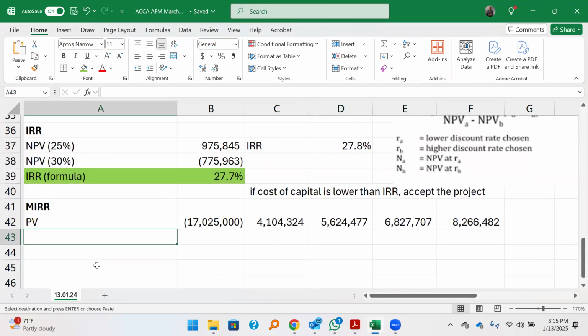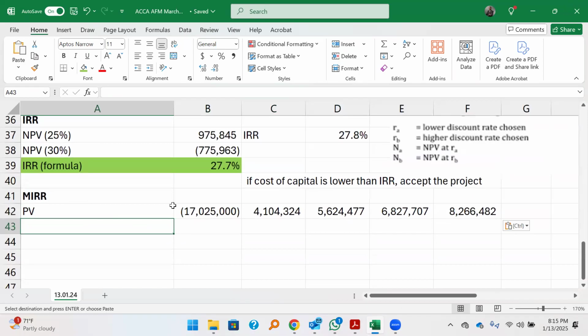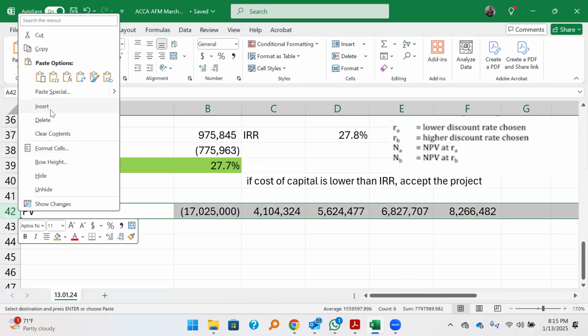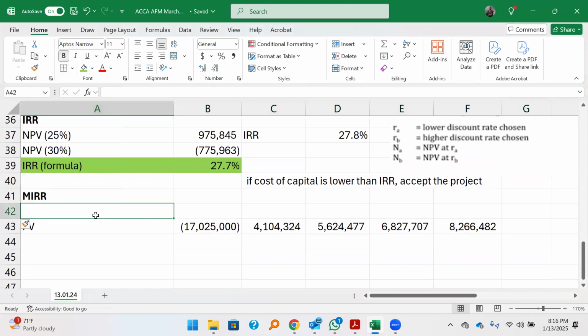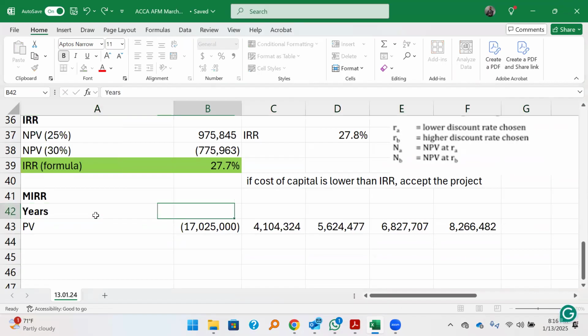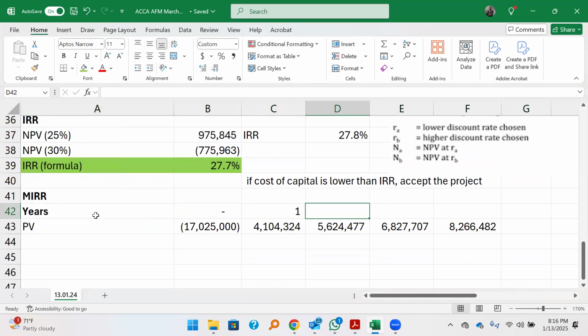Those are our present values, and I can put in the years just to know that these are for years 0, 1, 2, 3, 4.